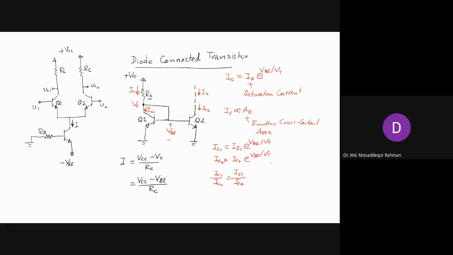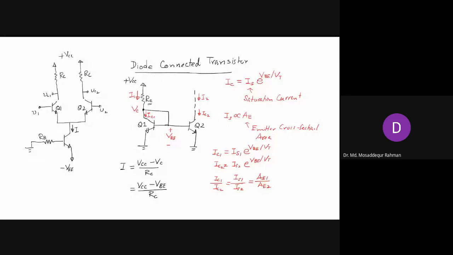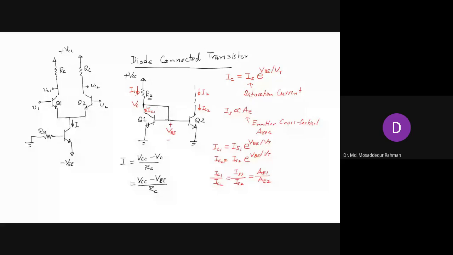Okay? And since the IS is proportional to the cross-sectional area, it will be AE1 divided by AE2. So the current that will flow in the two transistors will be just proportional to their cross-sectional area.